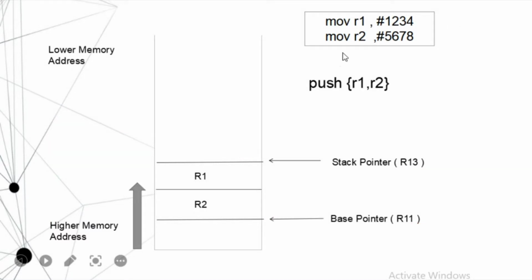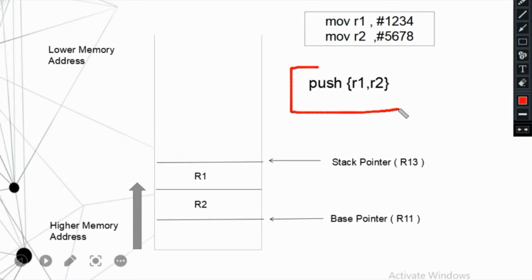Let us execute a simple stack instruction, which is the push instruction, where we are pushing the data of R1 and the data of R2, and the register set is described inside these curly braces. The data stored in R1 and R2 is 1, 2, 3, 4 and 5, 6, 7, 8. Whenever we execute this push instruction, the data at the very end, the R2 register, is pushed first.